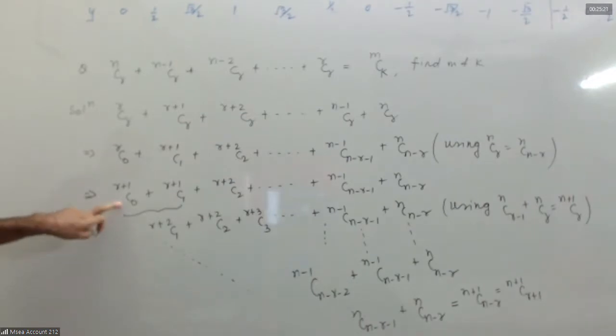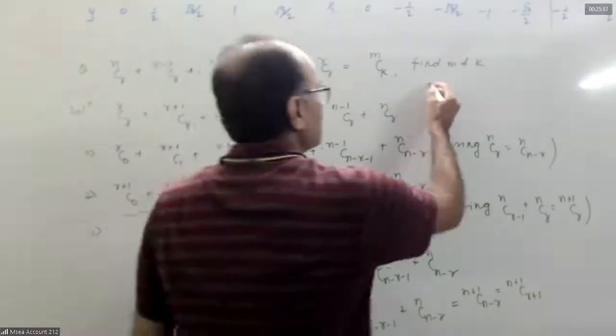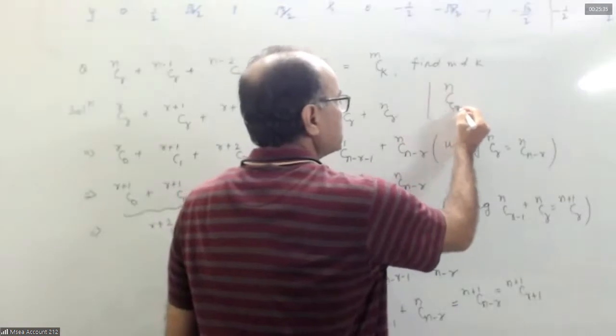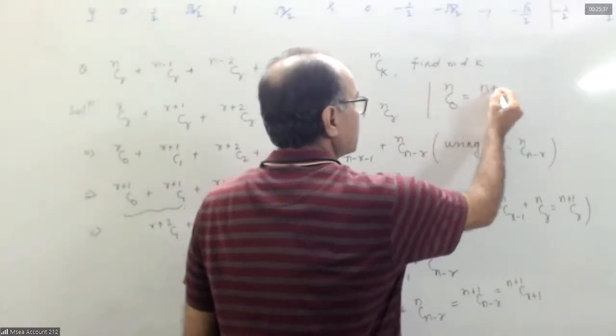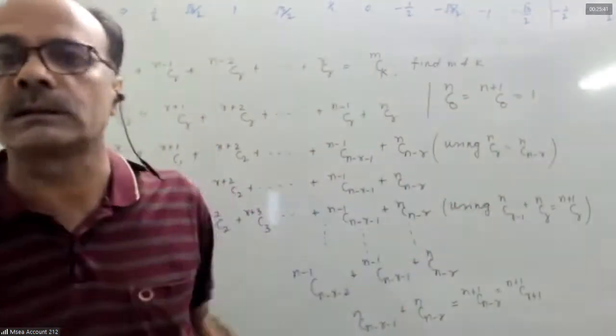That is different number. This one. See, rC0 and (r plus 1)C0, both the values are same. I told you nC0 equal to (n plus 1)C0 equal to 1. This value is 1, you expand it.